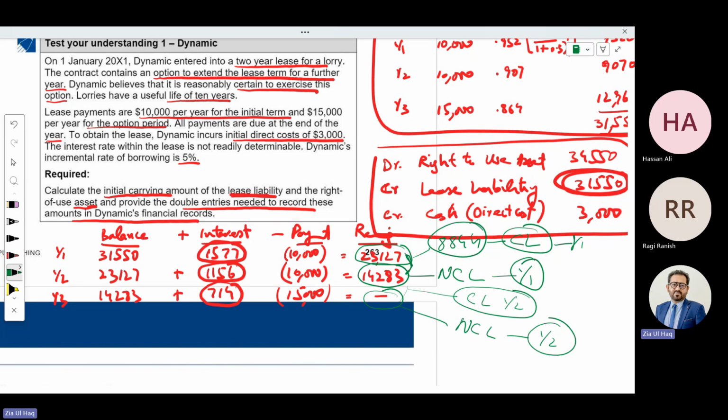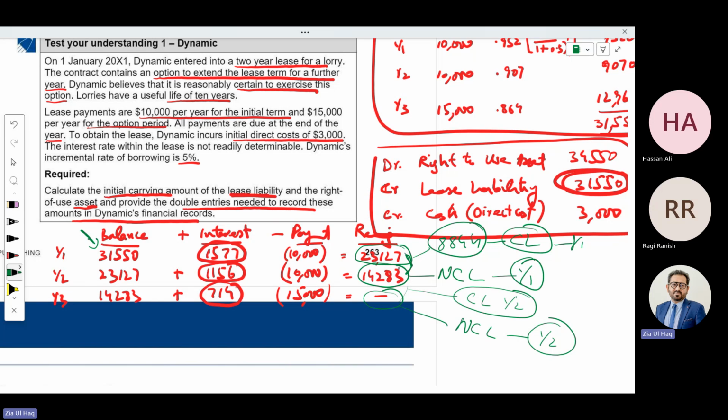In this question, initially we need to calculate the liability value using present value. But subsequently, at year end, we need to add interest and subtract the payment. The remaining amount will be recorded in the balance sheet as a liability.